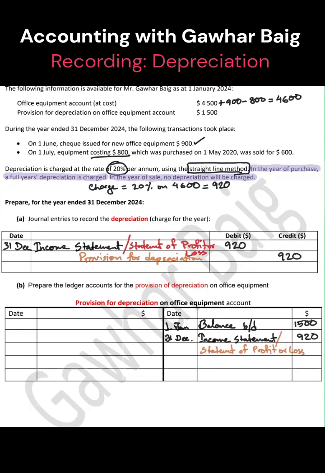Then we have to go and record the disposal, because in the second transaction, on 1st July, equipment costing 800, which was purchased on 1st May 2020, was sold for 600. So there was a disposal of a non-current asset. So we have to record this disposal here.